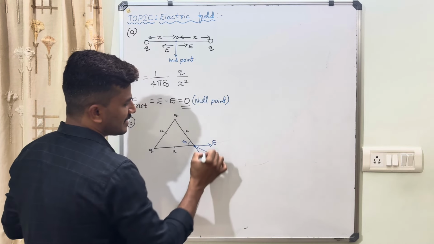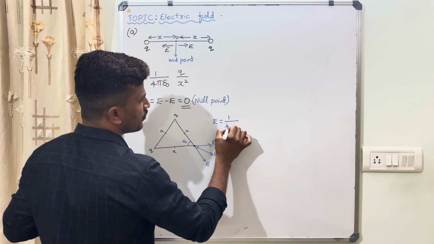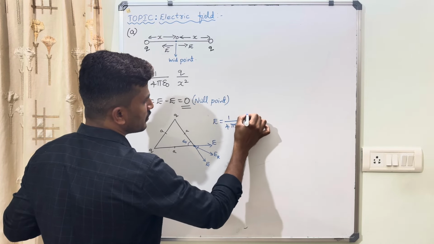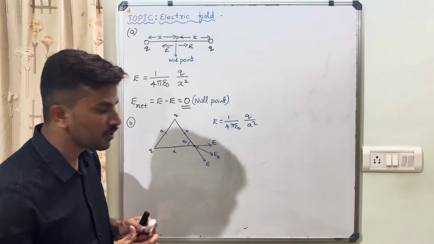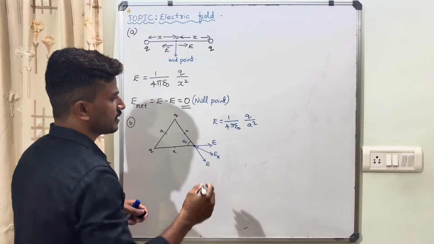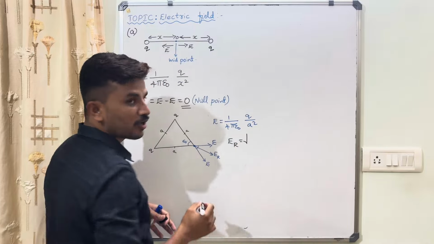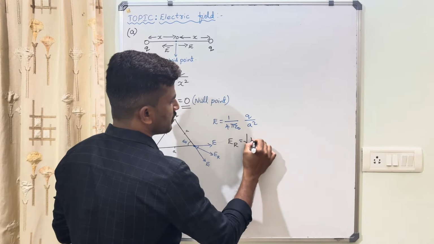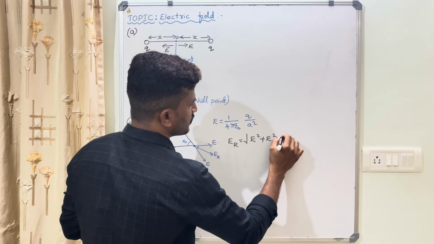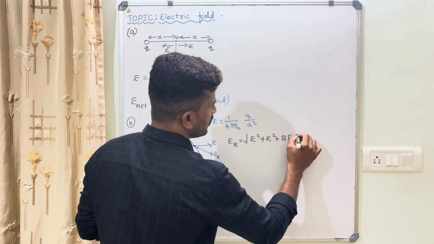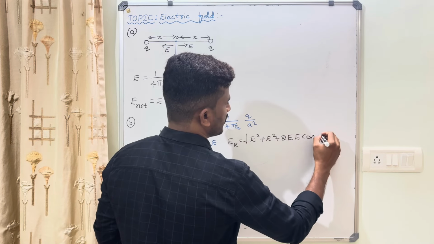First I will write what E is. E is given by 1 over 4 pi epsilon naught q divided by a square. This is the distance. But what is E resultant? E resultant can be given by the parallelogram law of vector addition, that is E square plus E square plus 2E into E cos 60 degrees.